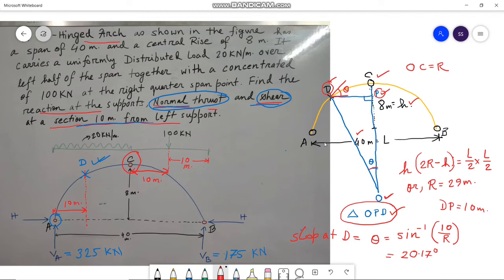So the slope at D is 20.17 degree. We did this calculation to calculate the slope at D by applying the simple trigonometrical concept of triangle OPD.